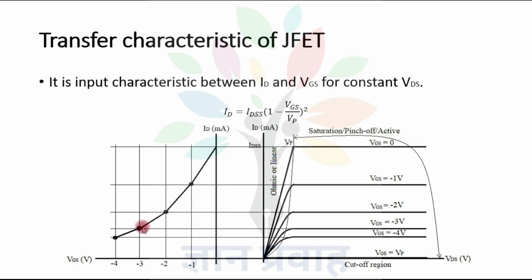Similarly, for VGS equal to -4. So when VGS equal to VP, or input voltage equal to pinch off voltage, in this case current conduction is 0. So it may be on the horizontal axis. So by joining these points we can obtain transfer characteristic for N channel JFET.